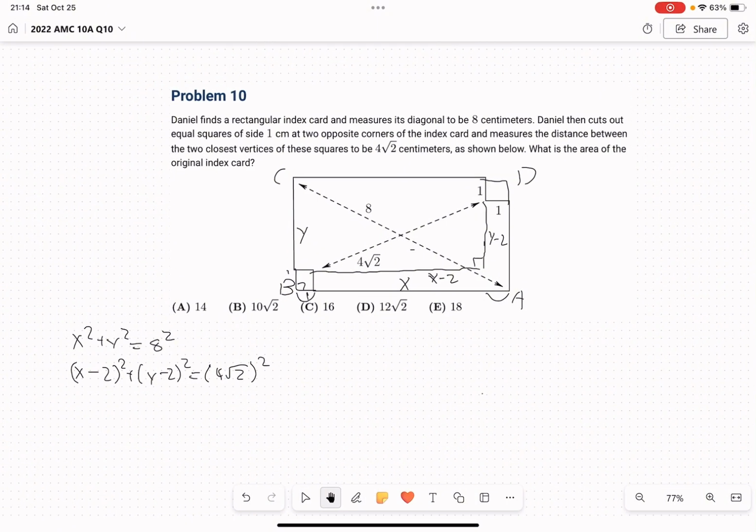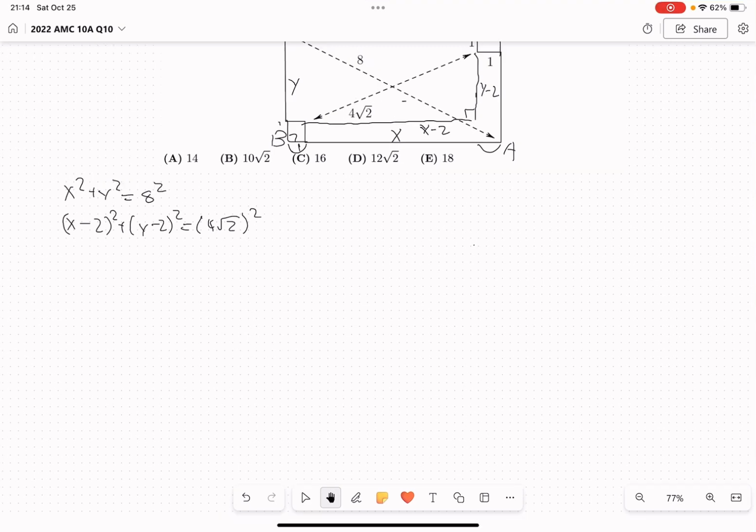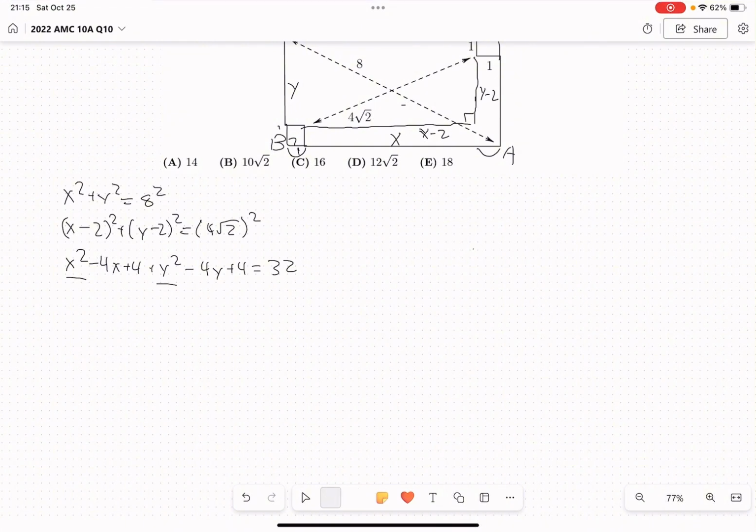Now we can expand this. We can get something like x squared minus 4x plus 4 plus y squared minus 4y plus 4 equals 32. And from here we can notice that these two terms, x squared plus y squared, we already know the value of, which is 64.